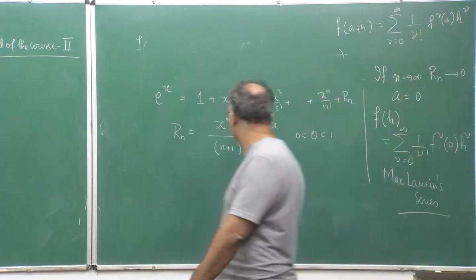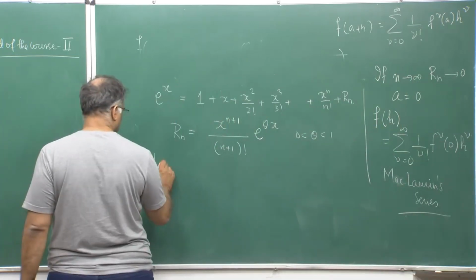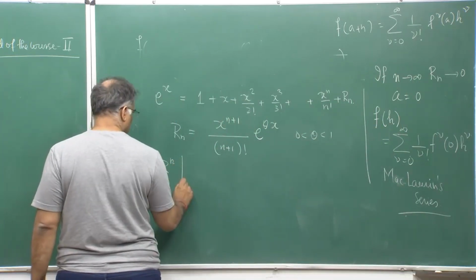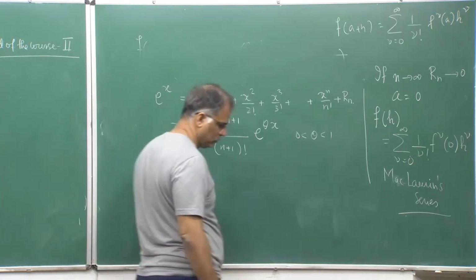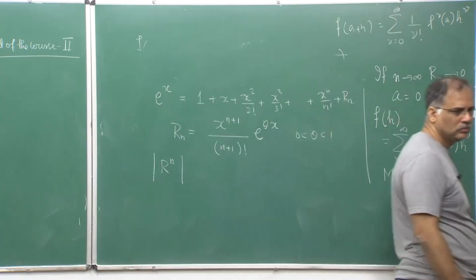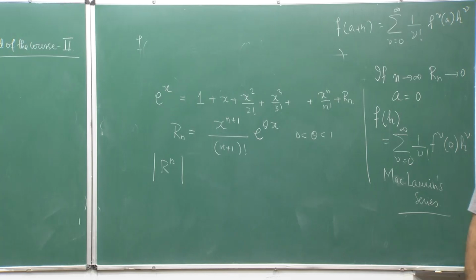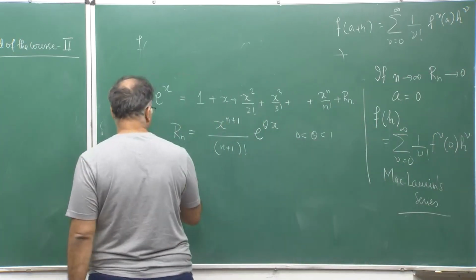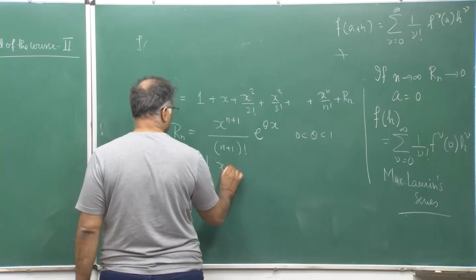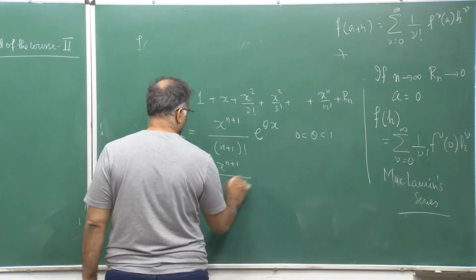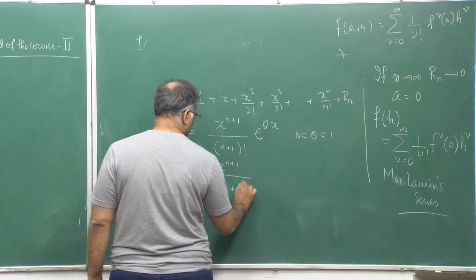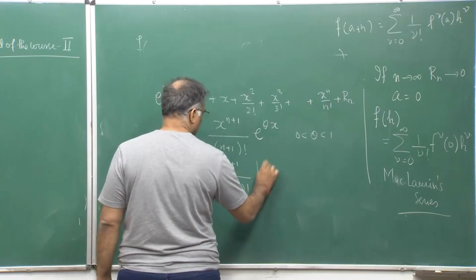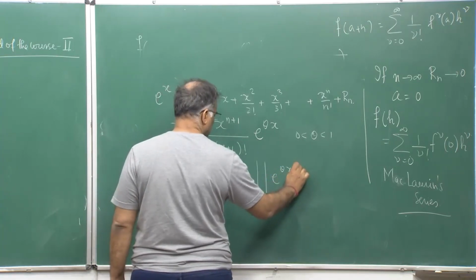So, let us look at this. Mod R n is equal to mod of x to the power n plus 1 by n plus 1 factorial times mod e to the power theta x.